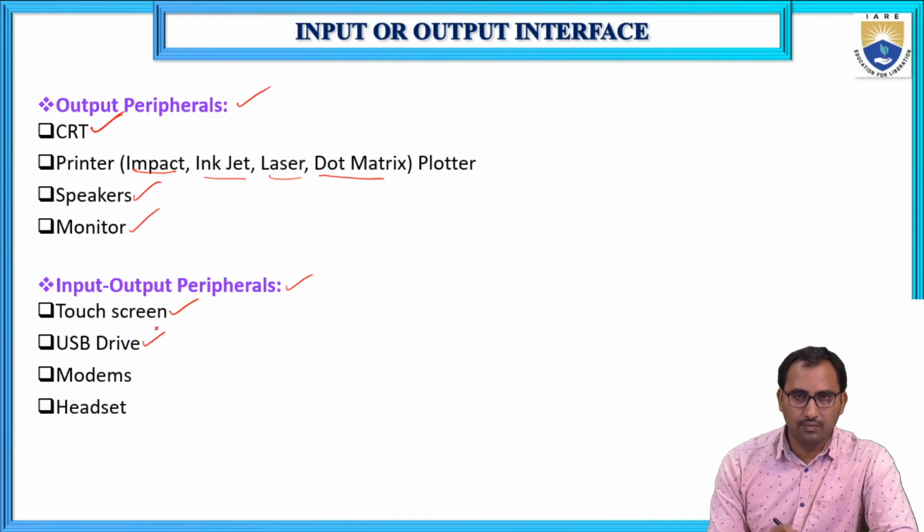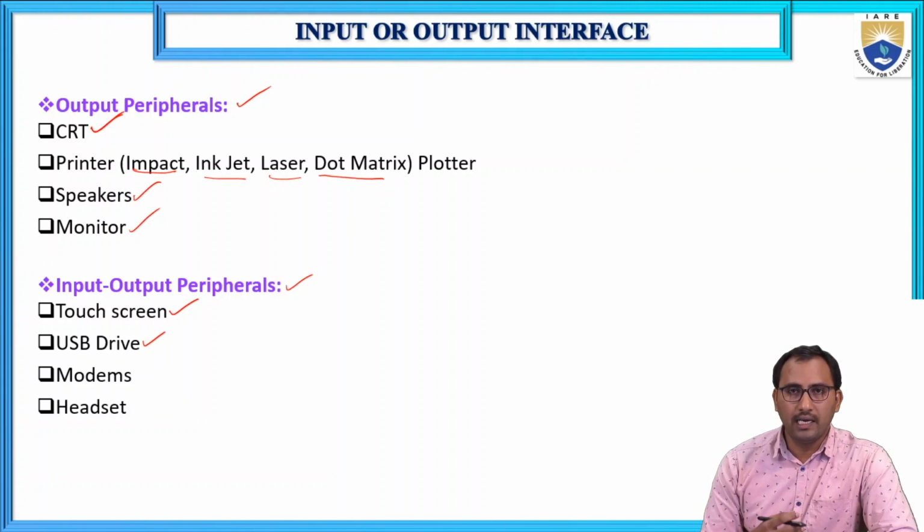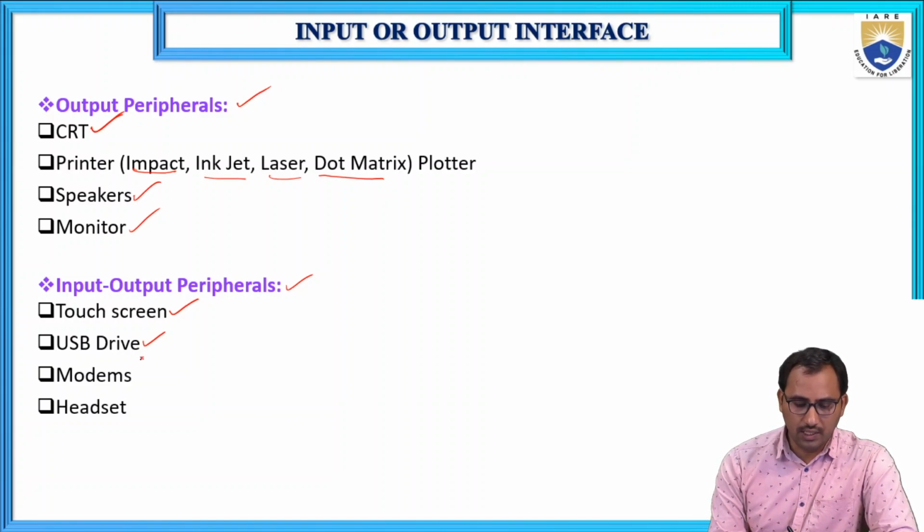And USB drive. Using a USB drive, we can copy data from one device and send the same data to another device. So the USB drive acts as both an input device as well as an output device. Similarly, modems. A modem performs both modulation and demodulation operations. And the last one, headset.